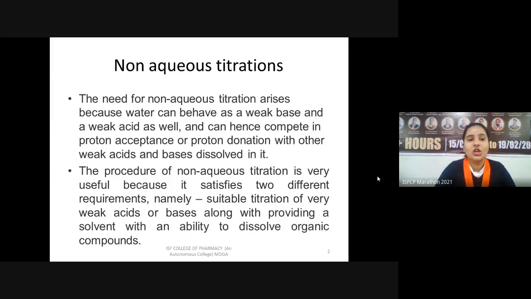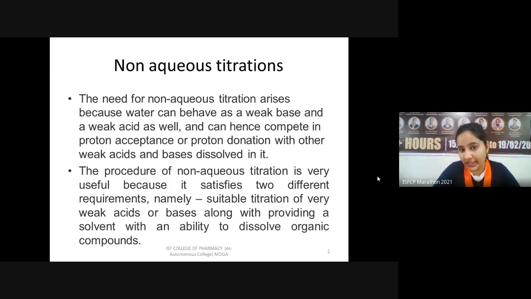The need for non-aqueous titration arises because water can behave as a weak base and also as a weak acid, because water can dissociate into H positive ions and OH negative ions. So it can show a dual character. It can compete in proton acceptance or proton donation with other weak acids and bases dissolved in it.